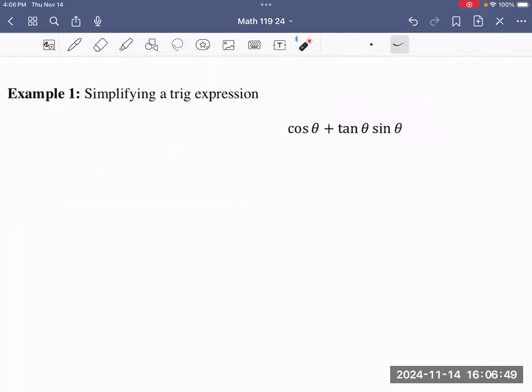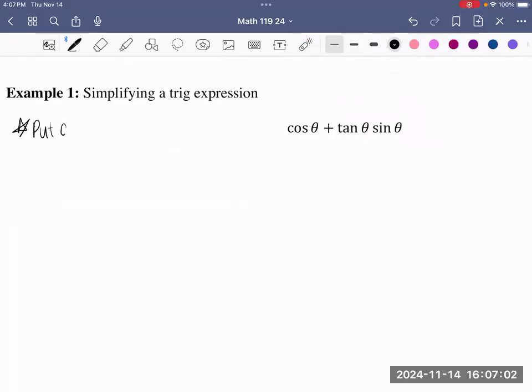So first, when you see something like this, something that's a little bit more expanded, the first tip is to put all terms into sine or cosine.